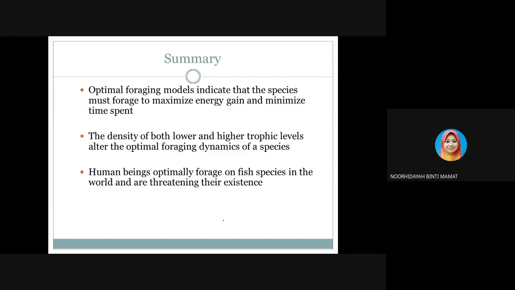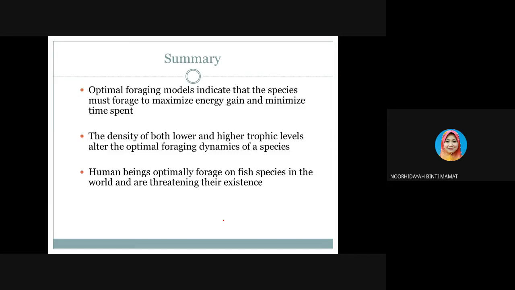The second point is that the density of both lower and higher trophic levels alters the optimal foraging dynamics of species.